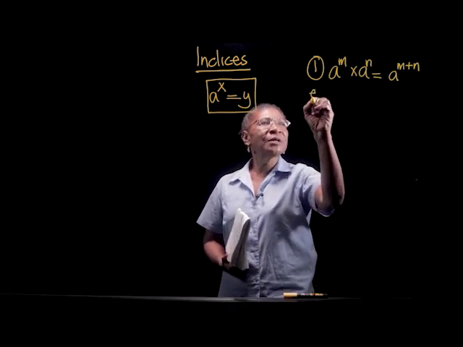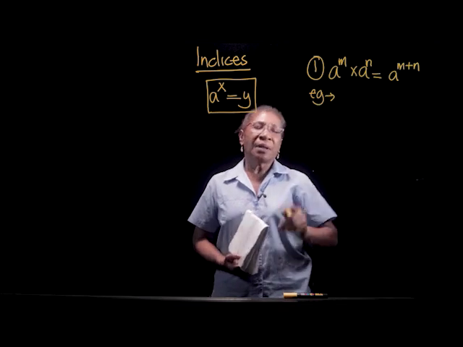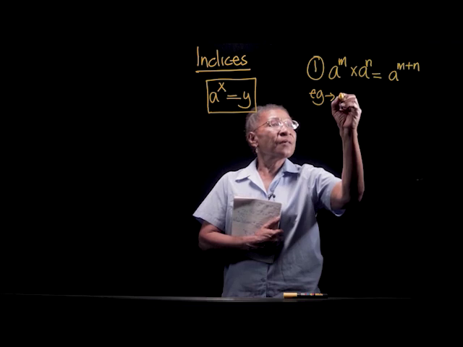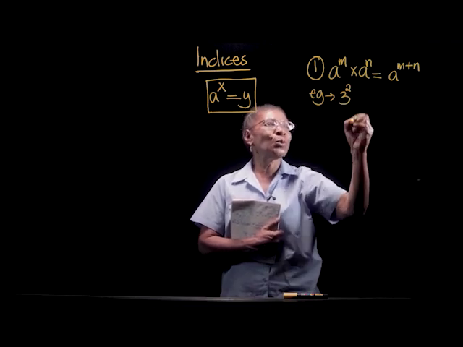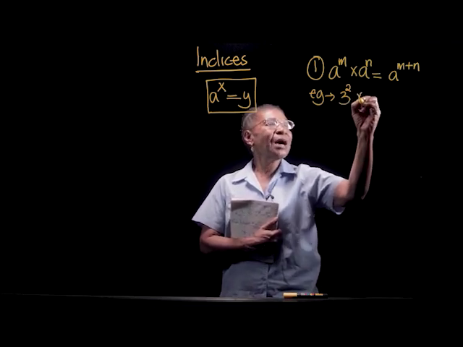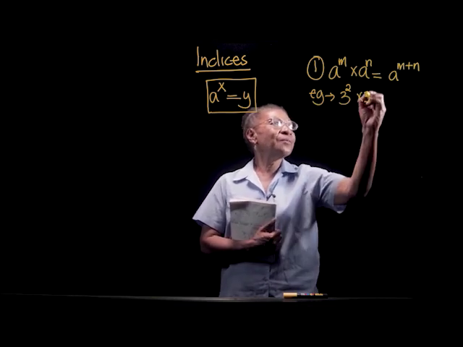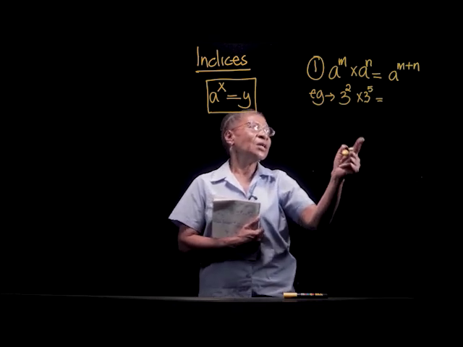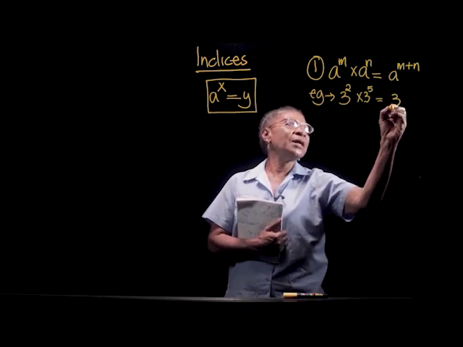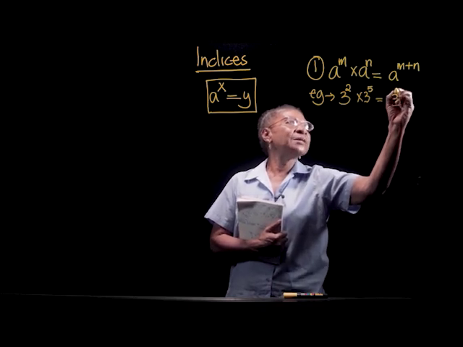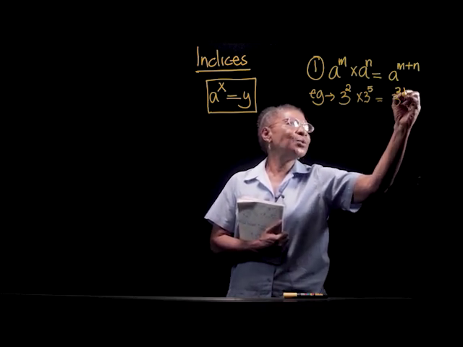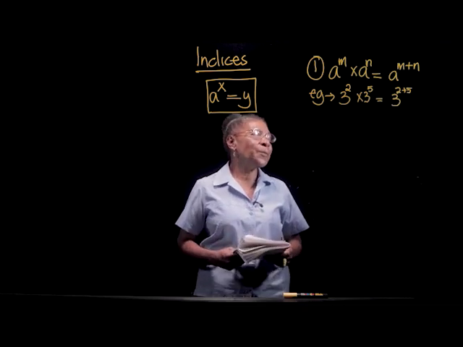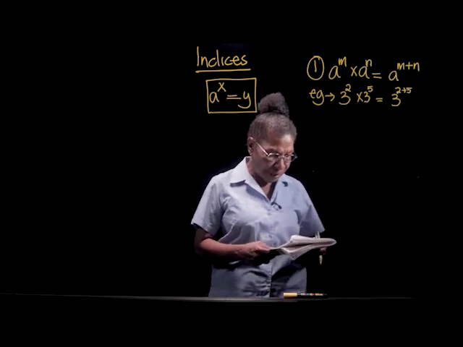Let's give a numerical example. Supposing I have 3 raised to the power of 2 or 3 squared, and I multiply that with 3 raised to the power of 5. It simply means they are the same bases, so I keep the base, which is 3, and I add the powers. 3 raised to the power of 2 plus 5.